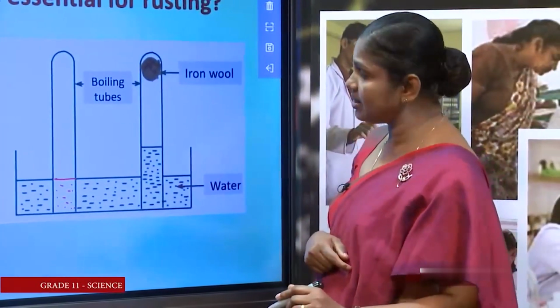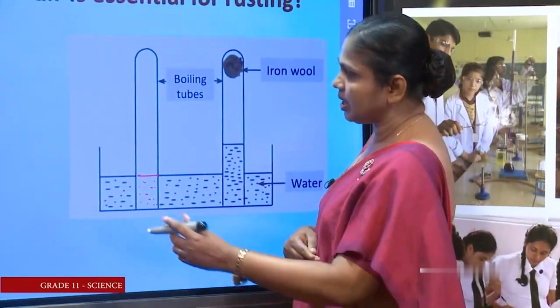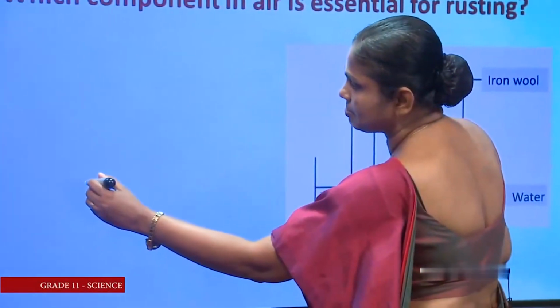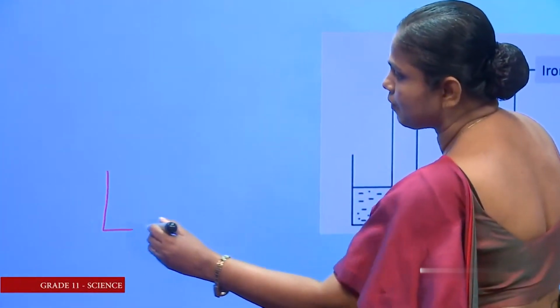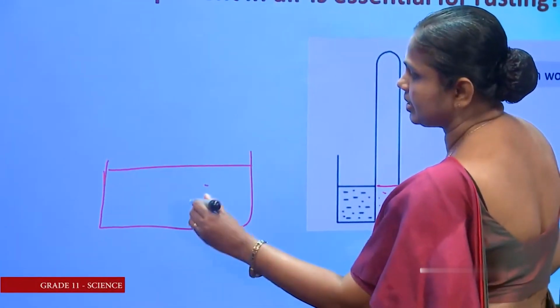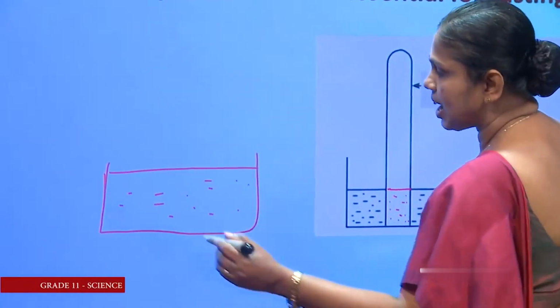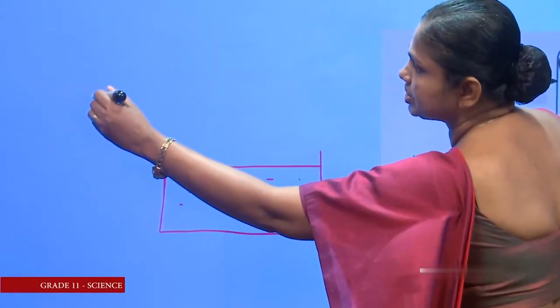I will explain this, children. Before arranging this setup, this is what we do. We have to take a trough of water like this, and again we have to take 2 test tubes.